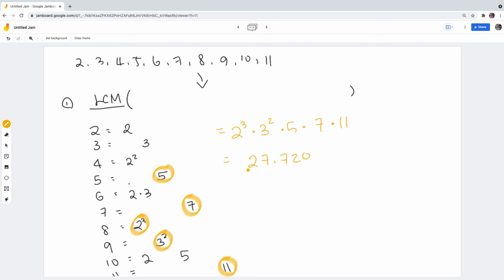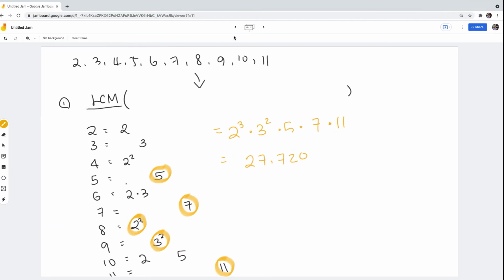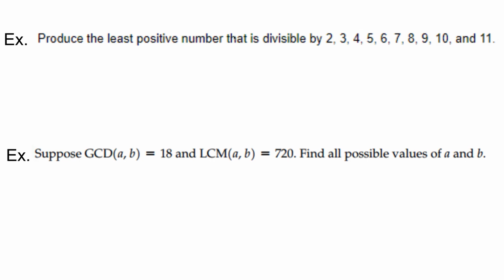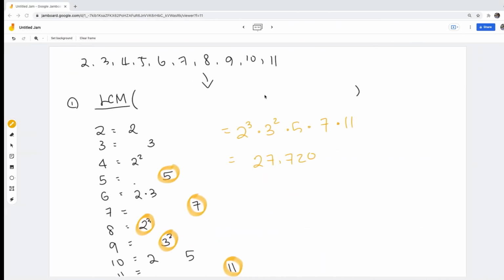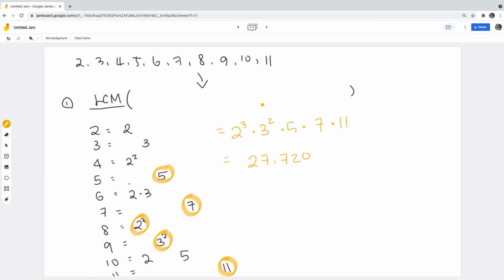That is the least number that is divisible by all of these numbers. Okay, because it's the least common multiple. If you cannot understand this question, please go back to the problem here and understand the question. Once you find that out, I have to find the least common multiple. Think about how to find it, and we watch this part.